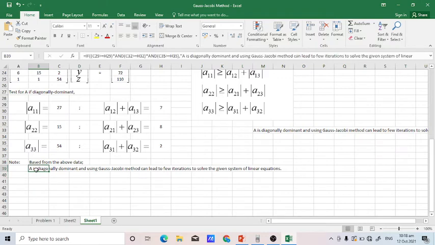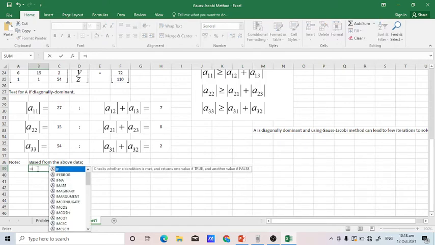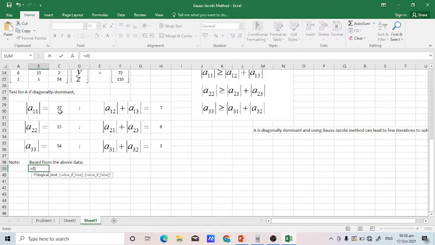Ganito lang yan. Okay. So, based from the data, so mag-if statement tayo. So, A11 is greater than or equal to A12 plus A13. Okay, pag yung absolute value, ito yung absolute value ng A11, if that is greater than or equal to dito, ito yung pinagsamang A12 and A13, no?